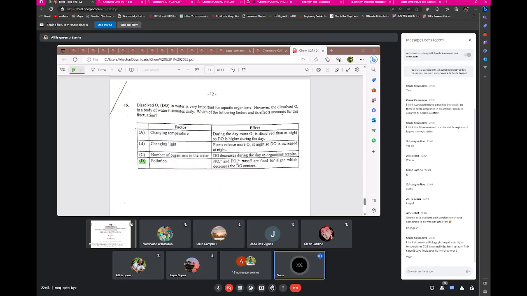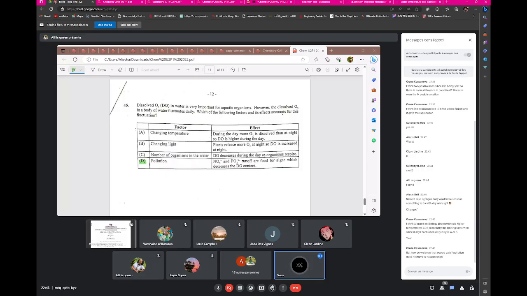So I don't think it's something that fluctuates daily, right? I'm not sure if it is that specific sentence we're applying the answers to. So what factor allows the oxygen concentration in water to fluctuate? I don't think my brain can encompass this answer right now.